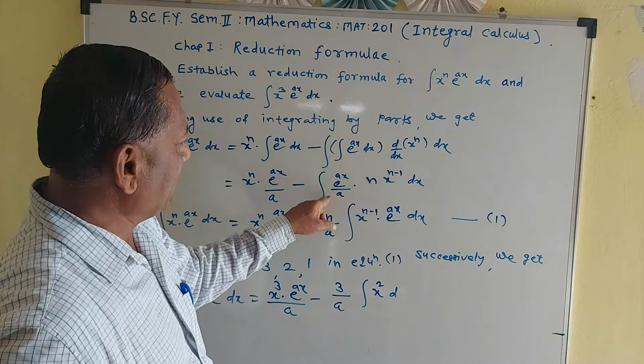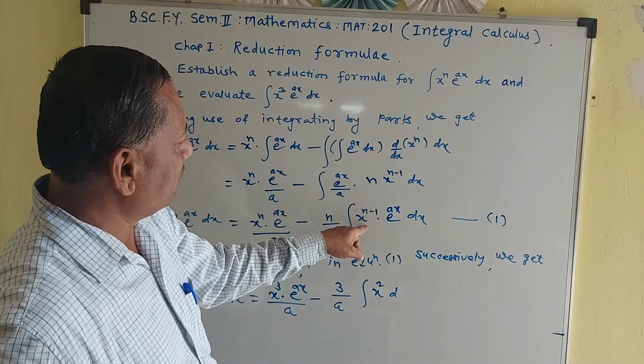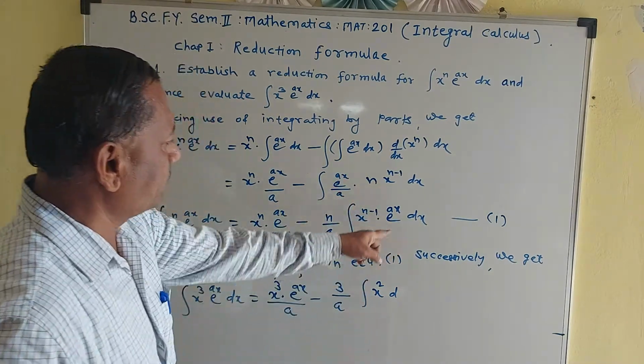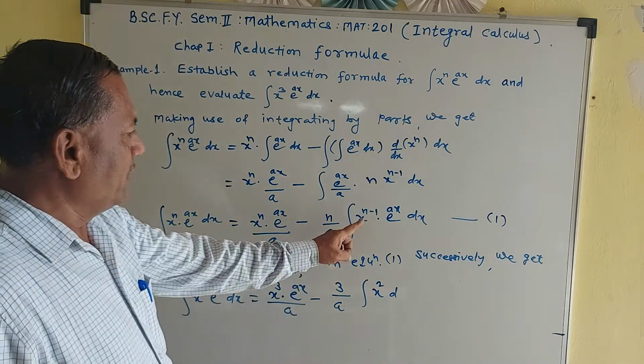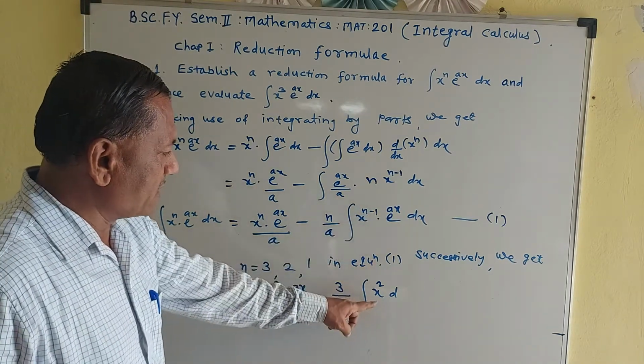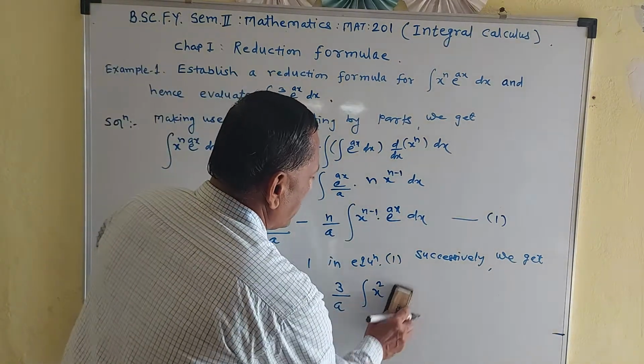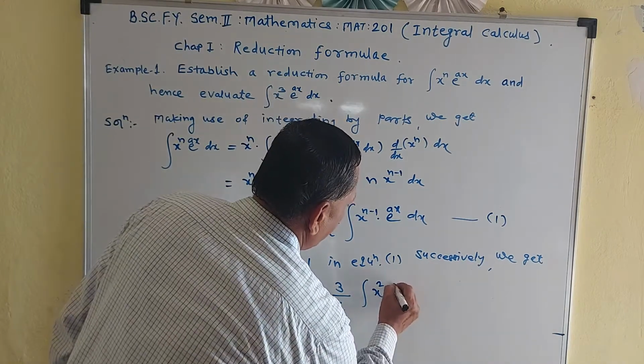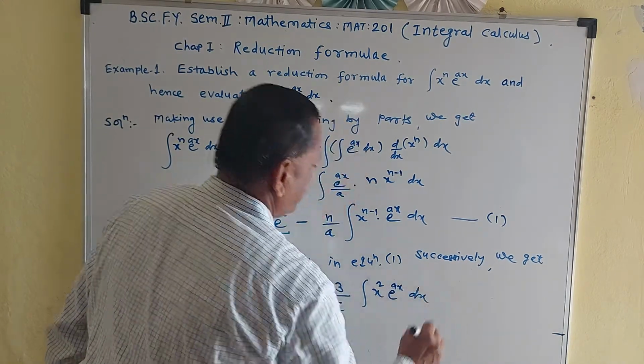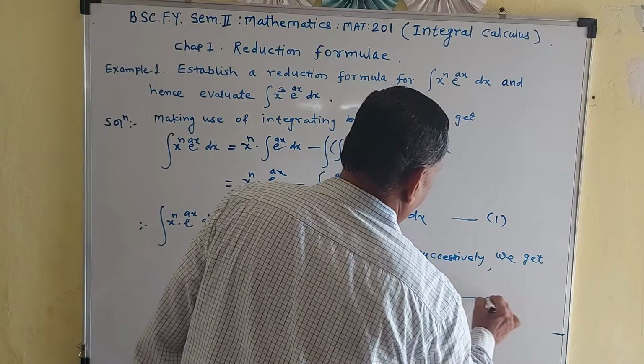Here n upon a is outside the integration, x raised to n minus 1 e raised to ax dx. So here n is equal to 3, minus 1 is 2, into e raised to ax dx, number 2.